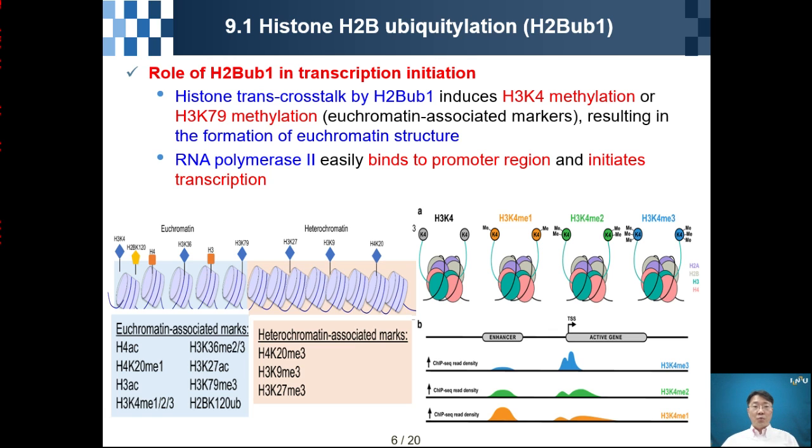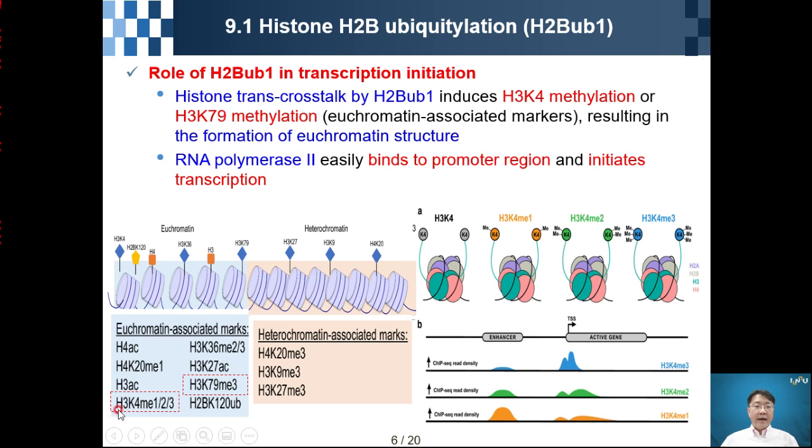We don't know which model is right, but anyway, histone trans crosstalk happens between H2B and H3. This crosstalk induces H3K4 methylation or H3K79 methylation. These two markers are euchromatin associated markers.